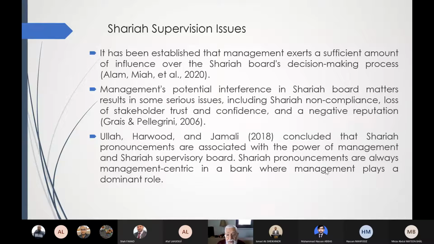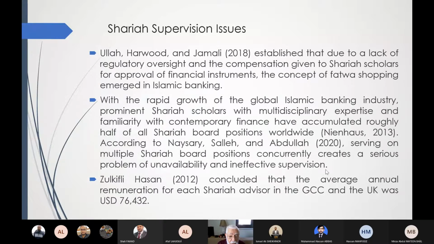Now, I know, for instance, an incident. A CFO of an Islamic bank told me about a transaction that was really dubious, and one member of the Sharia board discussed it.